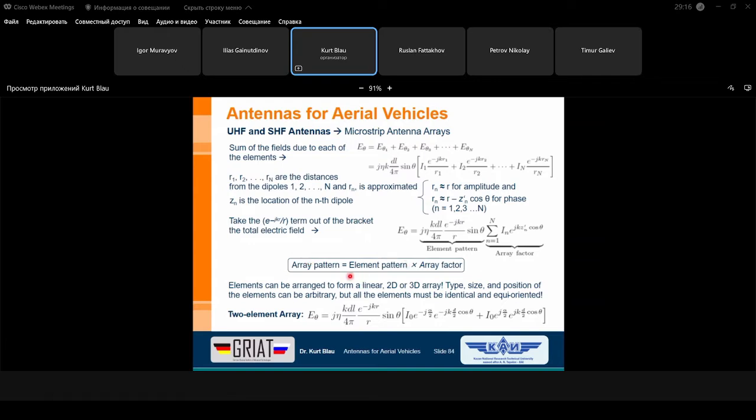We have to know the radiation behavior of the single element multiplied by the so-called array factor. And this is shown here.